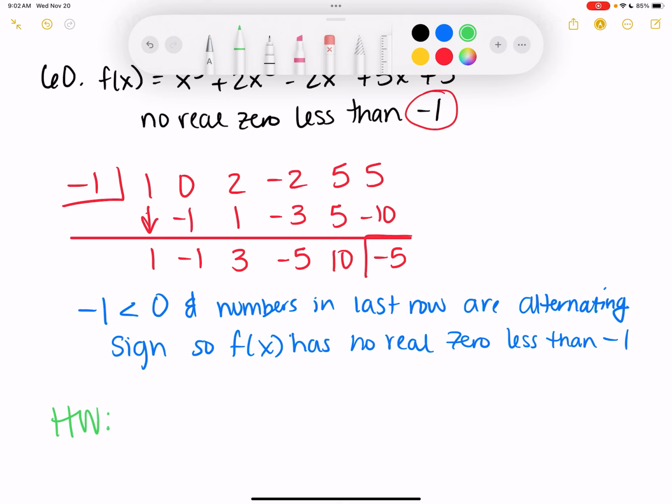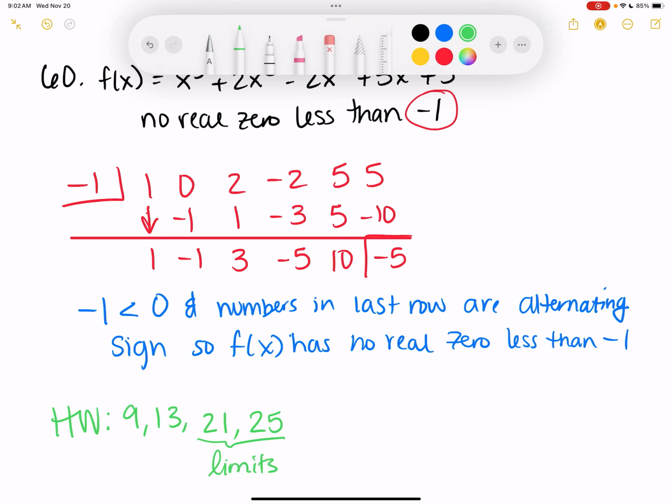All right, problems are 9, 13, 21, 25. And on 21 and 25, just do the thing with the limits like I did. You don't need to worry about drawing the picture.